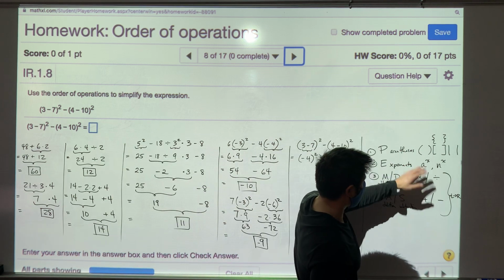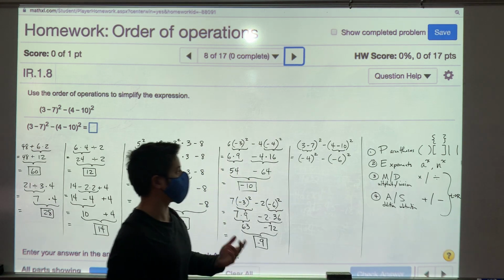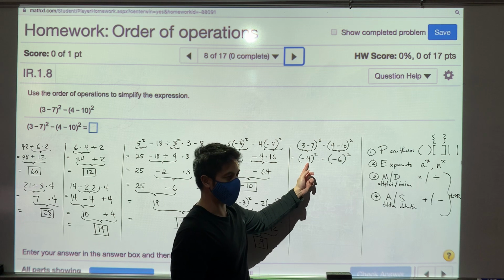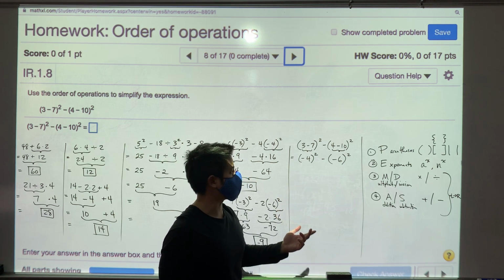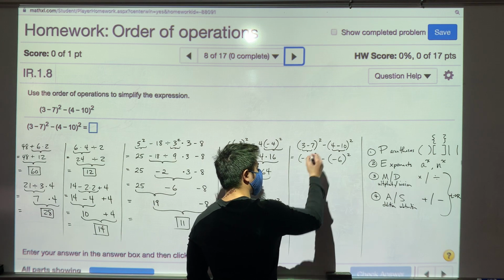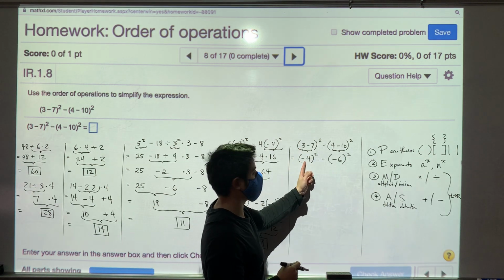I have both of those that just got worked. I did whatever is in there. I took care of that. Now you may be asking the question, Andrew, why did you leave them in parentheses? Well, I left them in parentheses because I want to know exactly what needs to be squared. So notice how 3 minus 7 is negative 4.